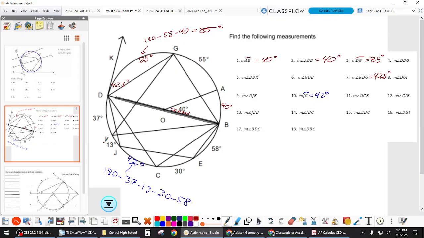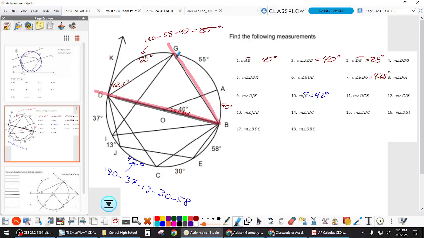Okay. From there, I don't know where you want to go next, but anybody have a preference? Okay. Well, I see this on that 85 as well. So even though this line from D to G is there, this arc DG is still intercepted by that angle.